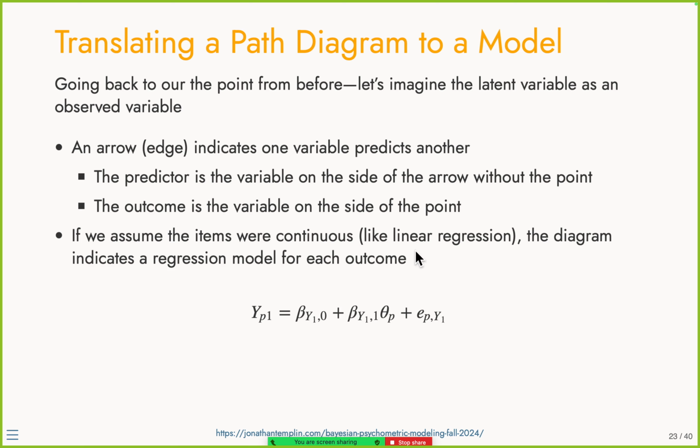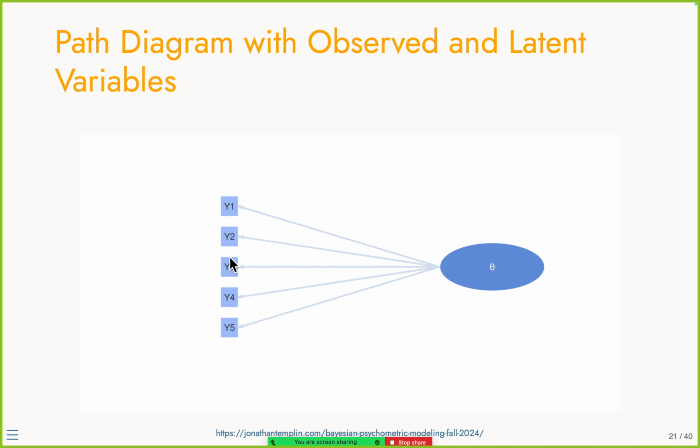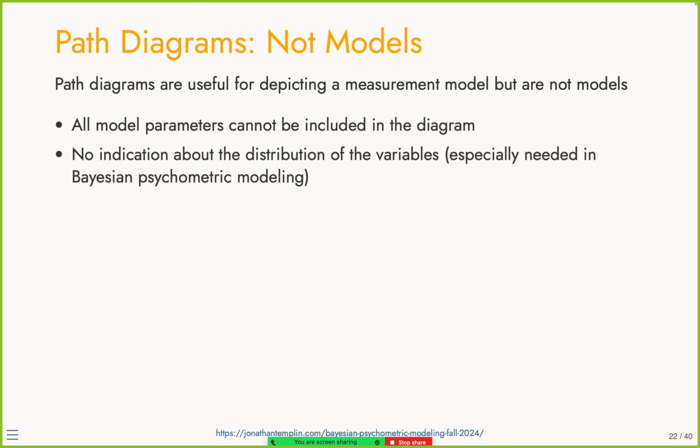But if we assume the items themselves were continuous, if we go back to this diagram right here, and we make an assumption that each one of these follows a continuous distribution, right? This is the CFA assumption. This is the assumption that we might apply with the 5-point Likert scale, although I would advise you probably not to.